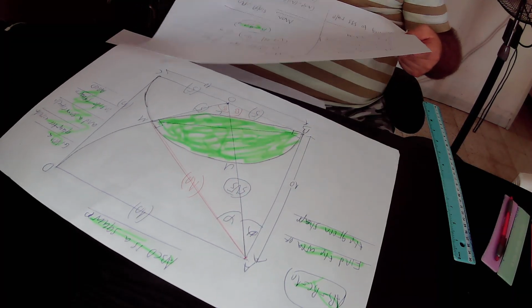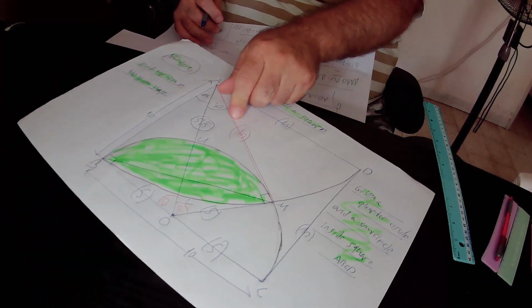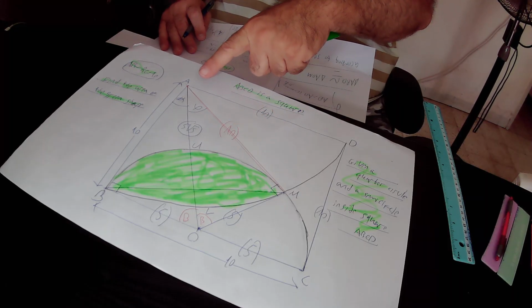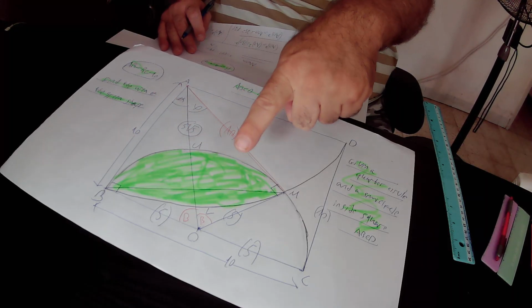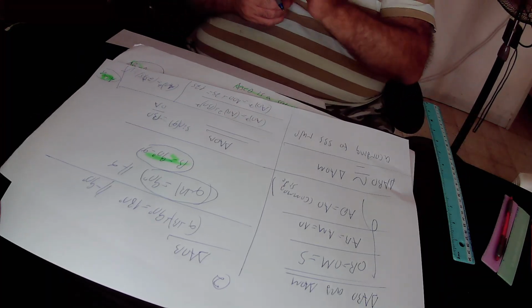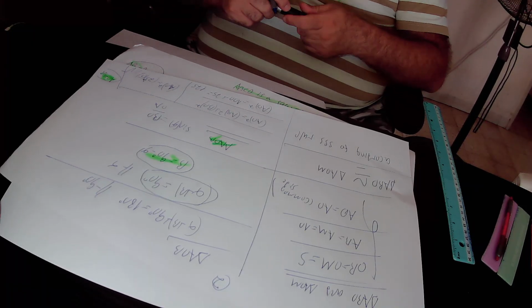We return to the right triangle ABO. In the right triangle ABO, we know that sine alpha equals BO over AO.